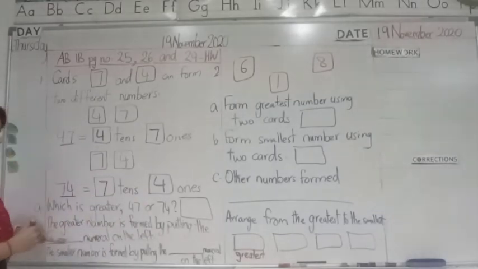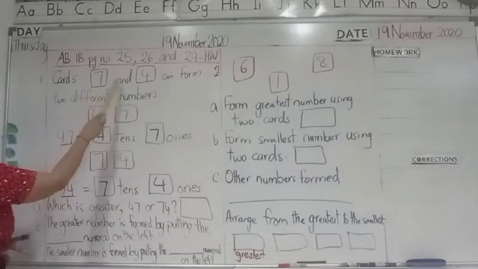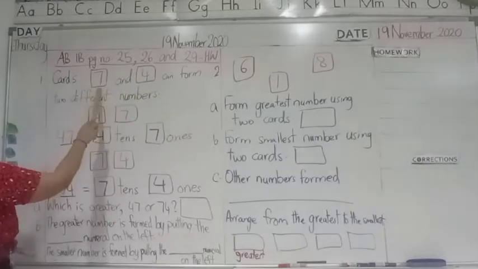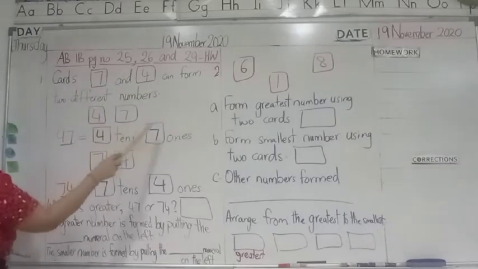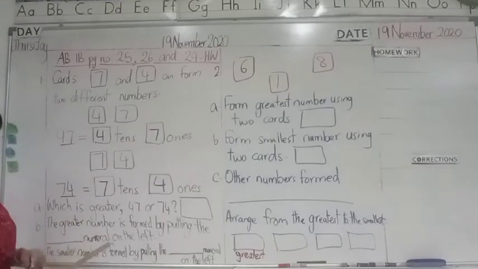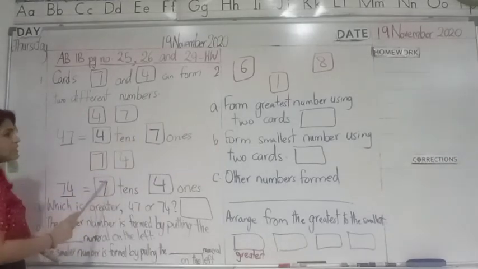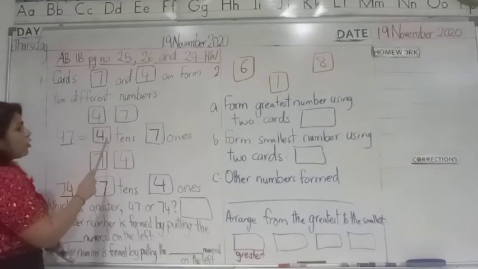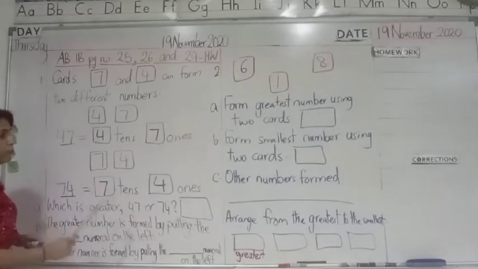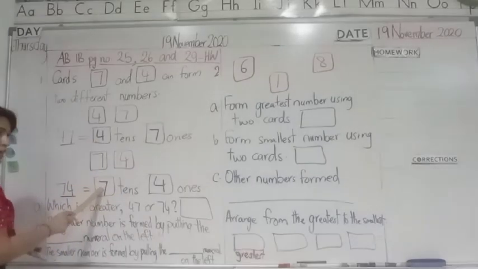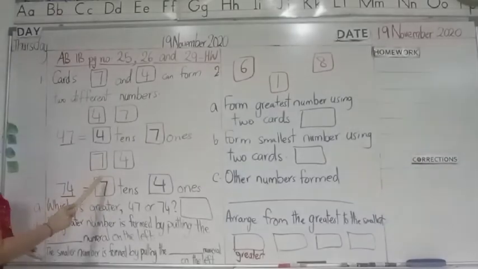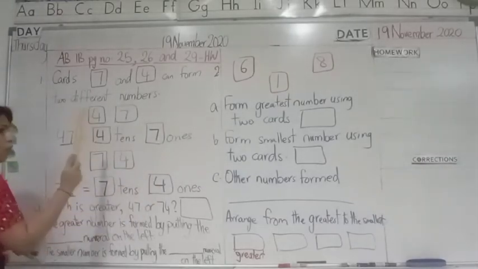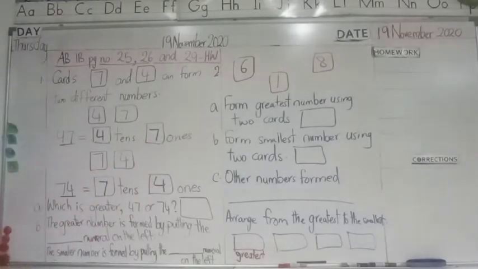So it depends which number you are placing in tens or ones place. In tens place, if you place 4, it will become 47. If you place 7 in tens place, it will become 74.